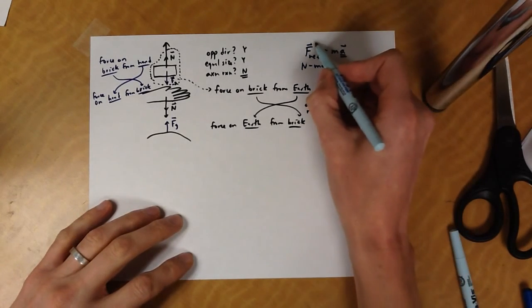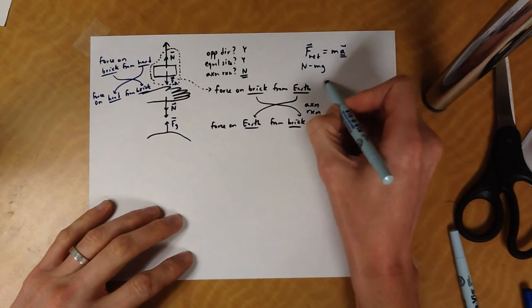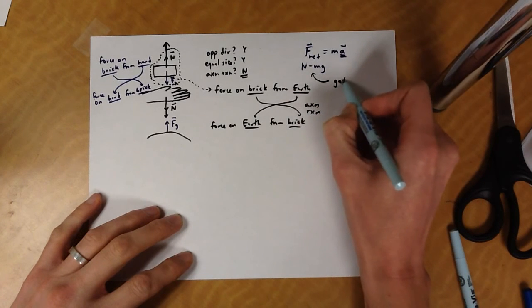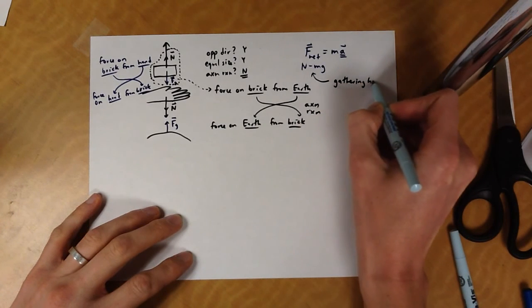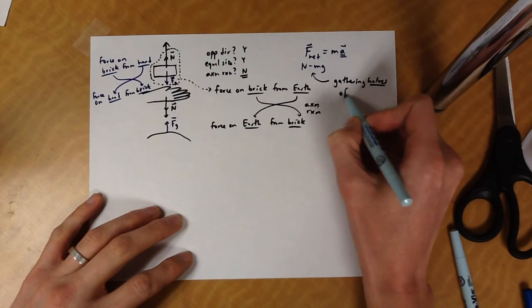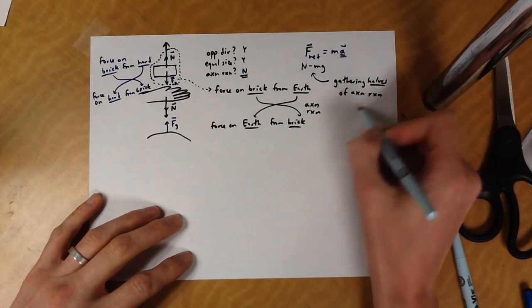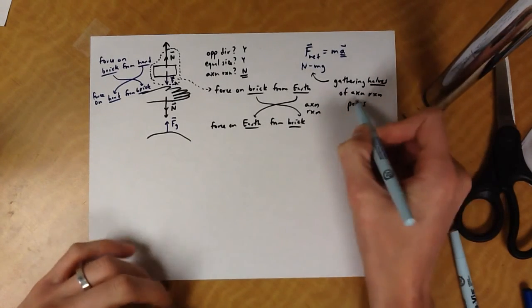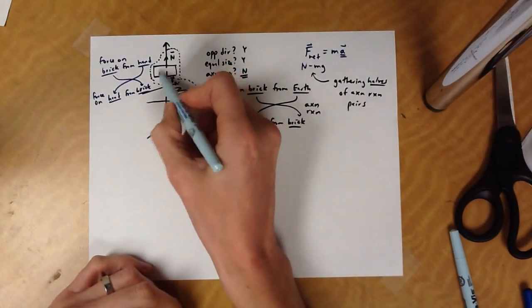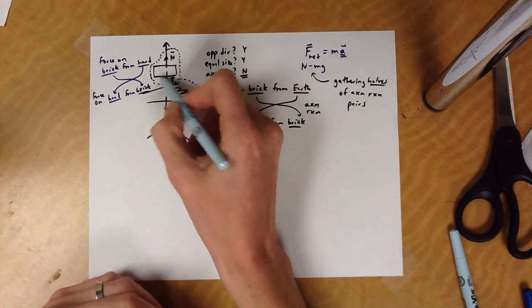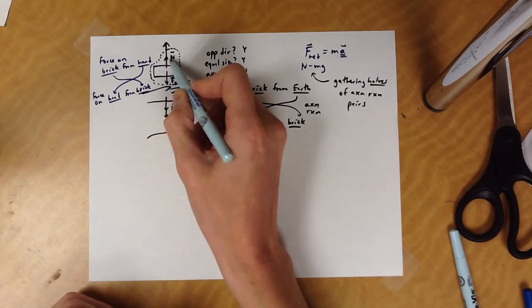What you're really doing when you're working with Newton's second law, you're gathering up halves of action-reaction pairs. So you're gathering up things that act on the object of interest. So all the different ways that it interacts with the outside environment, right?